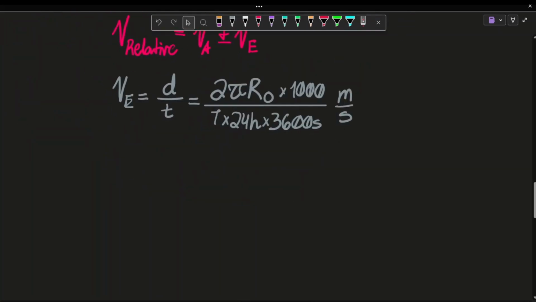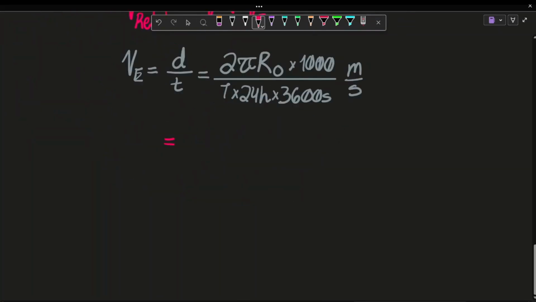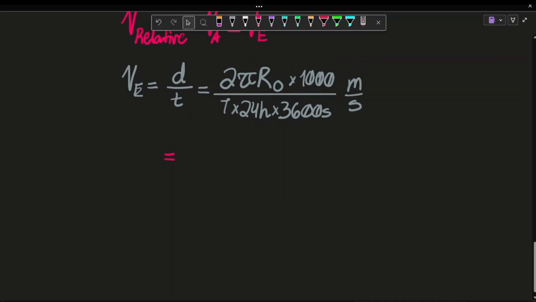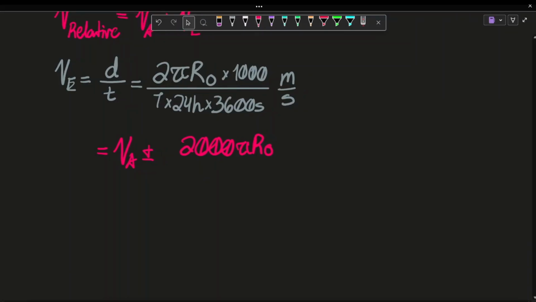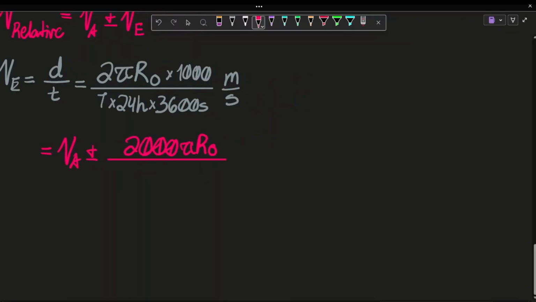So that means the velocity relative would be the velocity of the asteroid plus or minus, whether you're considering the maximum or minimum, 2 pi, or we'll say actually 2,000 pi radius of orbit over, we'll do that part too.